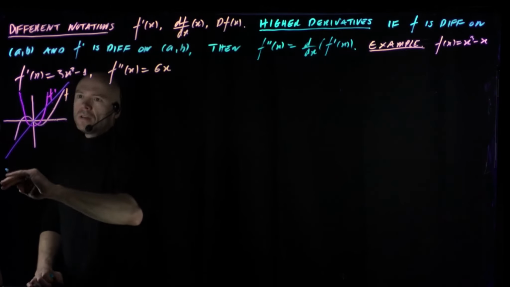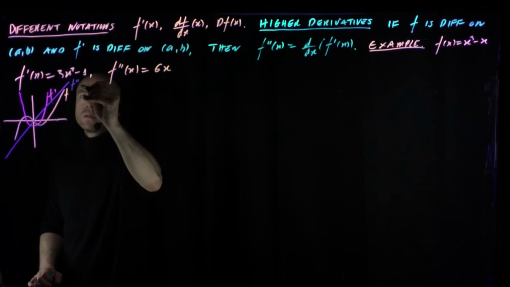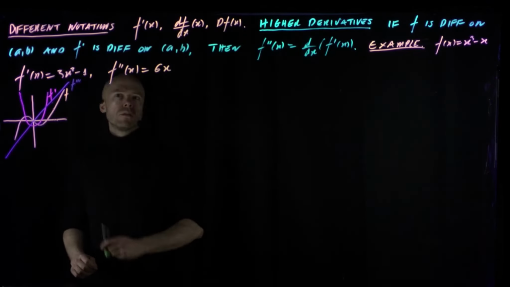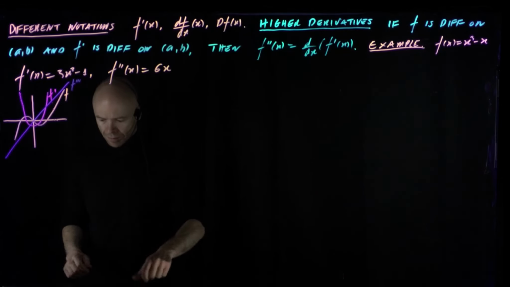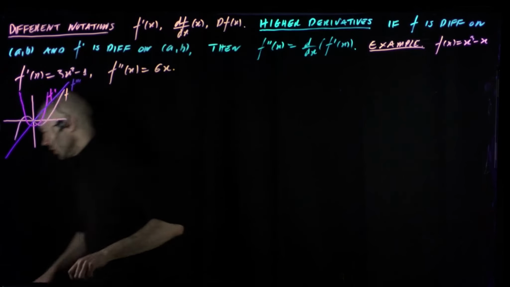It's more negative the further to the left you go, which is what we see from this picture. Right? So the calculations and the pictures are all fitting very nicely together. Okay, let's see what else.